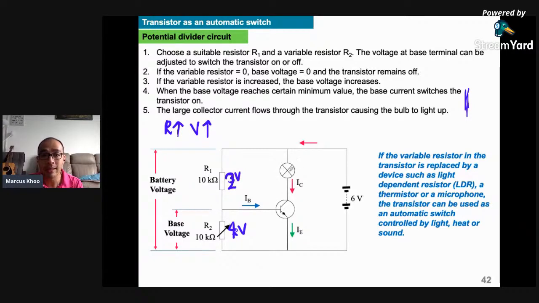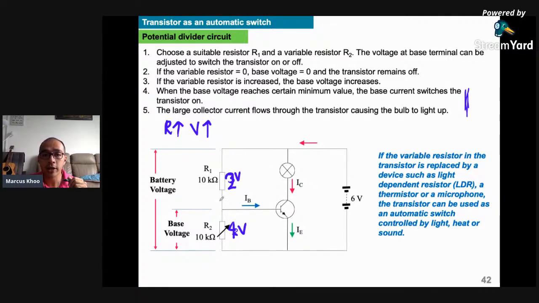And this makes this bulb light up. But the condition is this: the resistance here must be bigger than the resistance here, so that the voltage here will be bigger than the voltage here. Enough voltage here, as long as it's bigger, then there's enough current.